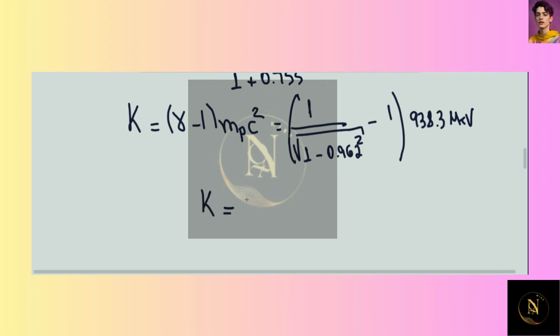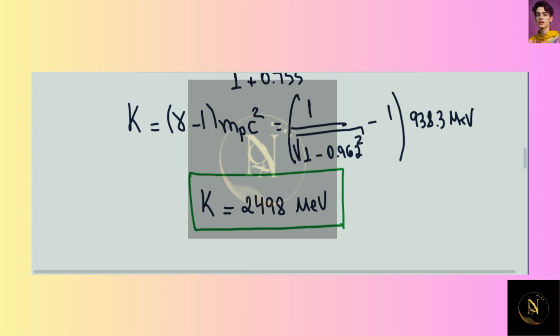So K is equal to 2,498 megaelectron volts. And this is the answer to question A.